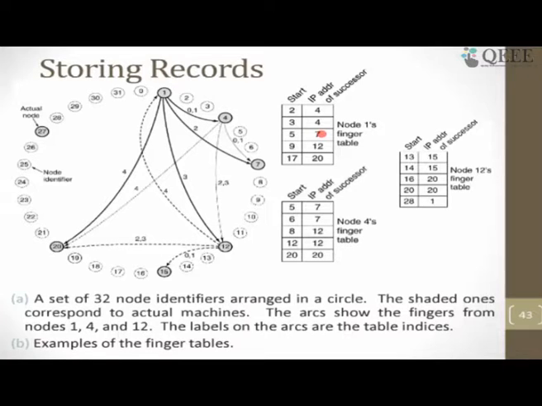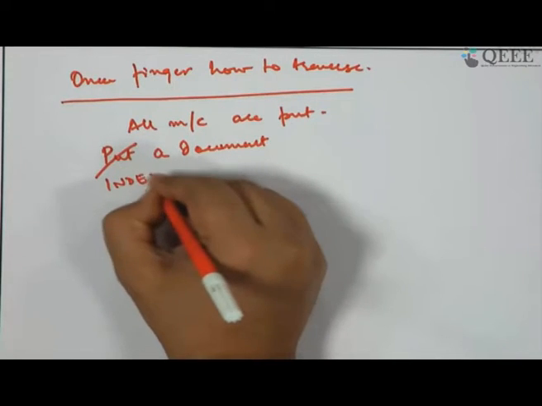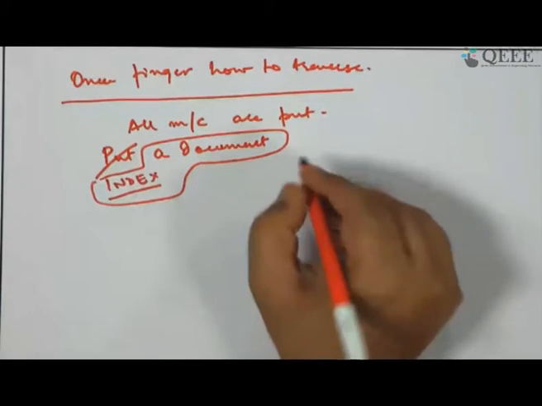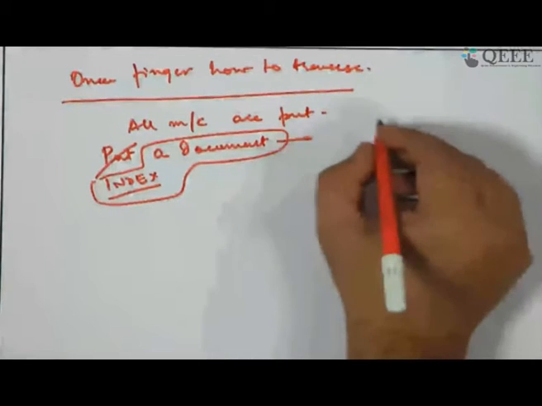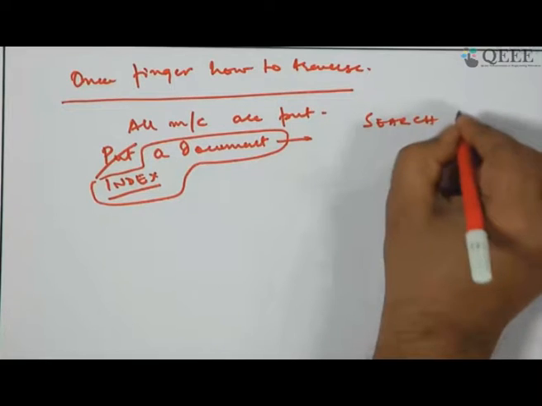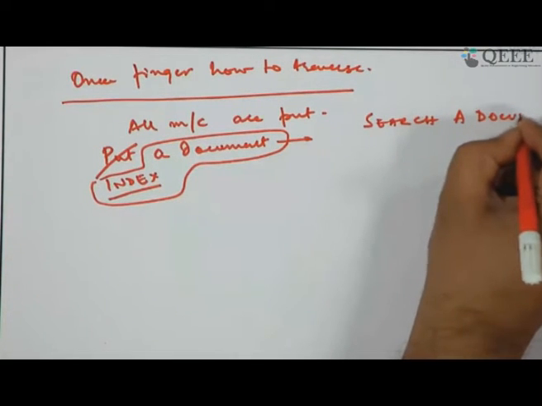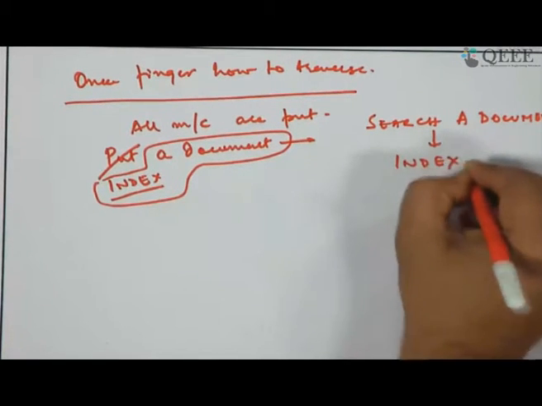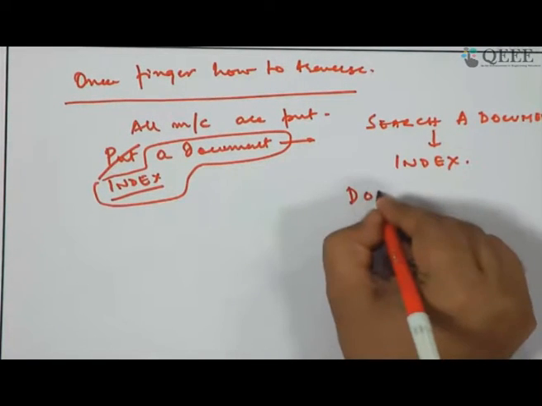Now, say I am trying to put a document, or I am trying to index a document. This concept is important to understand. I want to index a document. What does indexing a document mean? Because this is a peer-to-peer network, I want to search a document. So in order to do the search, I have to index a document. Okay. So how do I index the document?